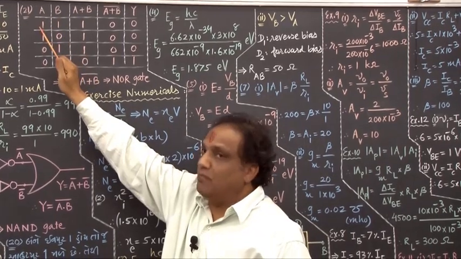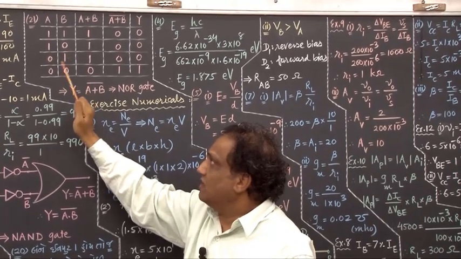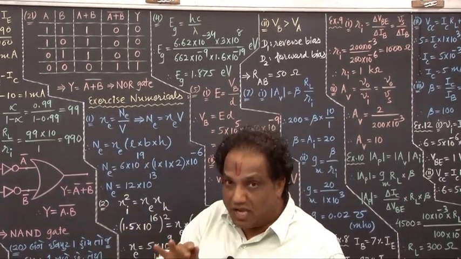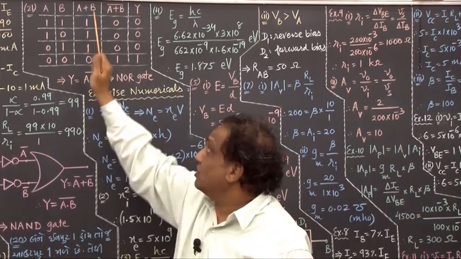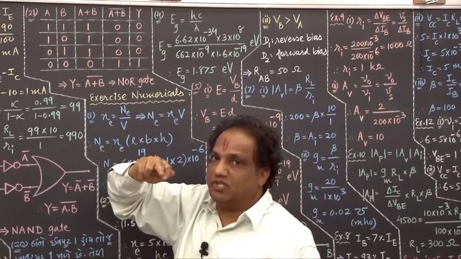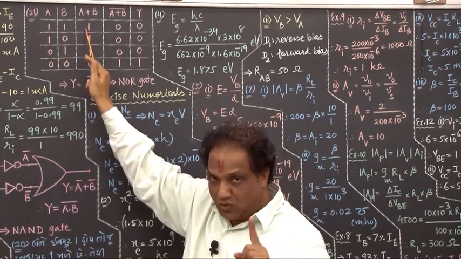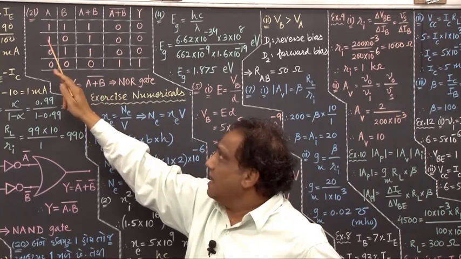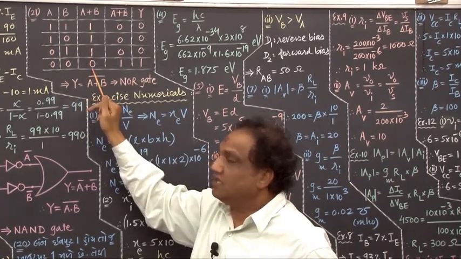The combinations also they have given: 1 1, 1 0, 0 1, 0 0. Suppose I perform OR operation between these two inputs. So A or B. OR operation means simple addition. 1 plus 1, you write 1 only. Don't write 2. 1 plus 1 is 1 only. And here 1 plus 0 is 1, 0 plus 1 is 1, 0 plus 0 is 0.